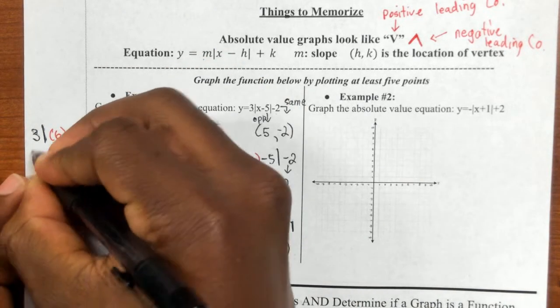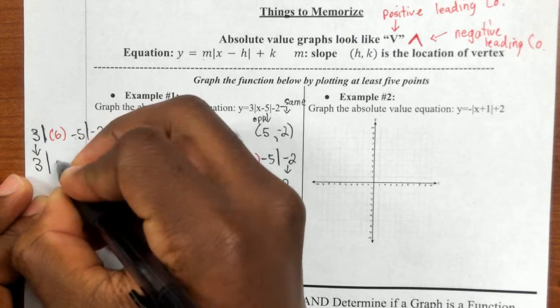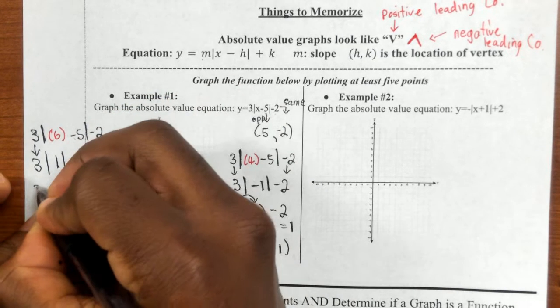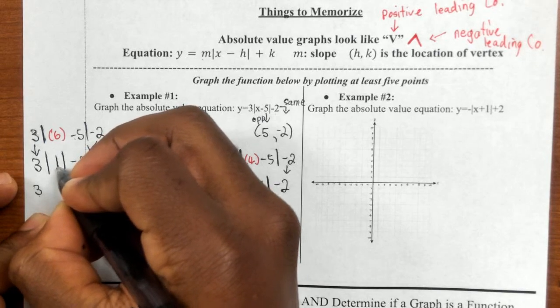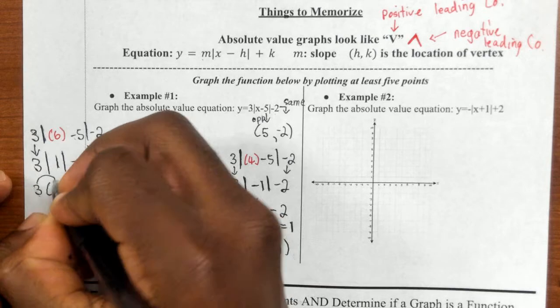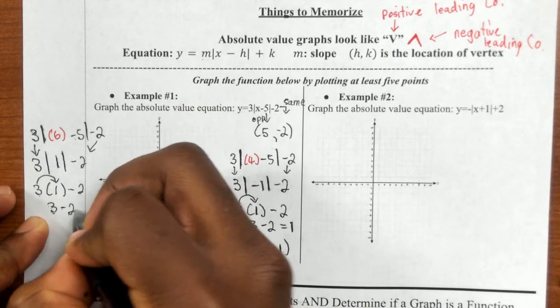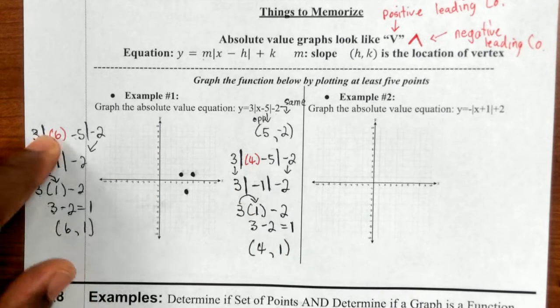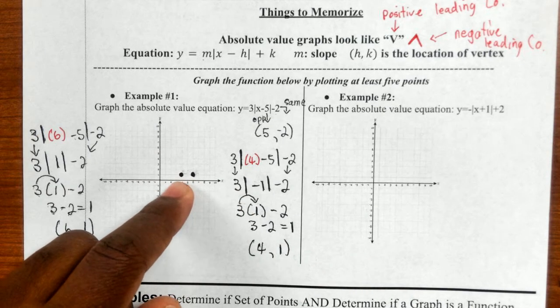We calculate on the inside first, and we will get 1. Bring down the negative 2. Absolute value makes this number stay a positive in this case. 3 times 1 is 3. 3 take away 2 is 1. So as I said, when you plugged in that 6, you get a similar point as here.